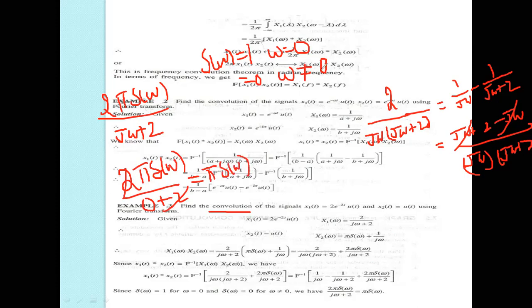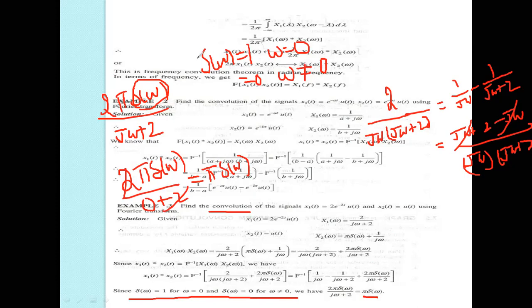And omega is not equal to 0. When omega is not equal to 0, the value is 0 here. 0 means the entire function is 0. Following, my students, we replace 2 pi delta omega by j omega plus 2 as pi delta omega only. This is the condition here: delta omega is equal to 1 for omega equal to 0, and delta omega is equal to 0 for omega not equal to 0.